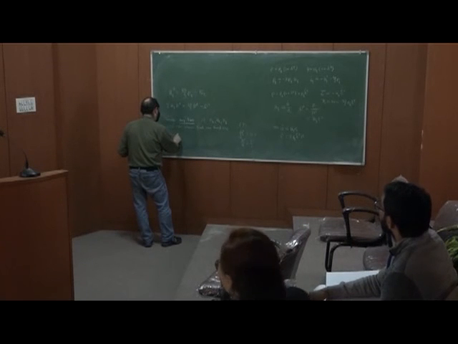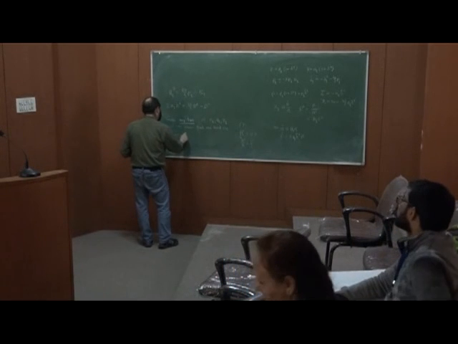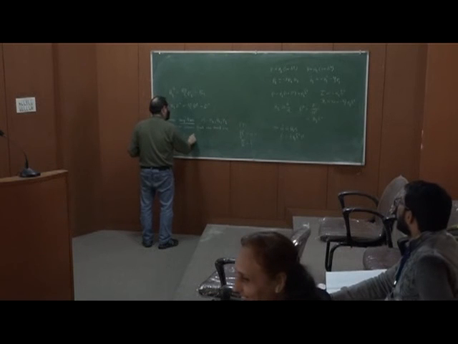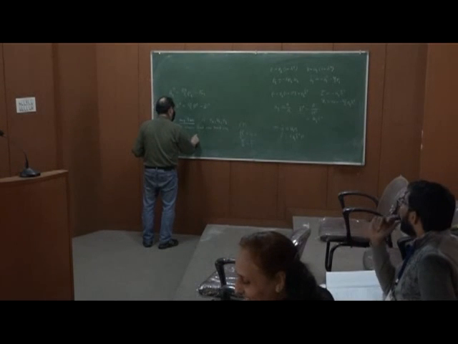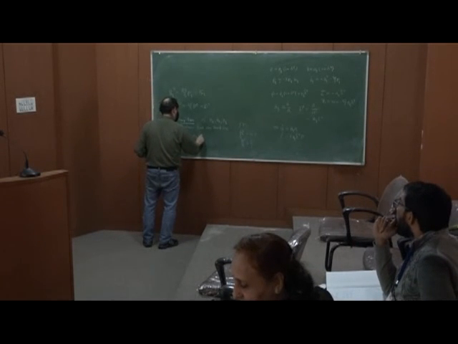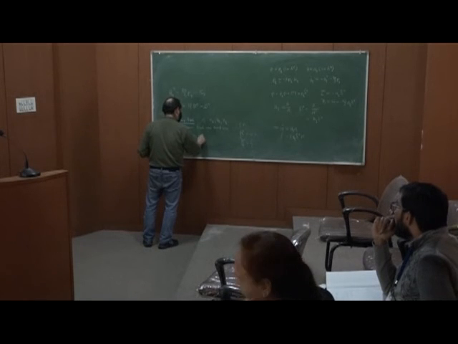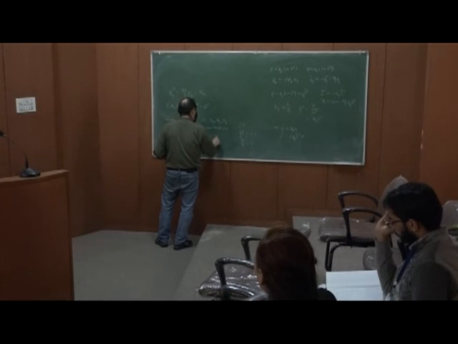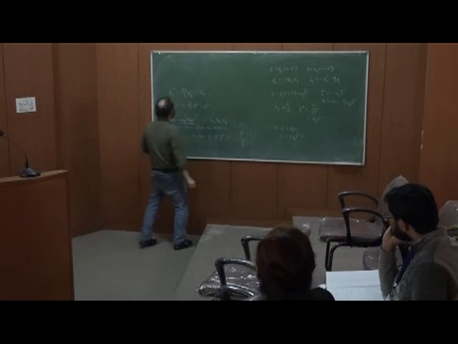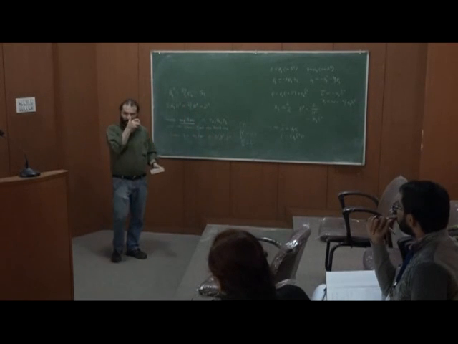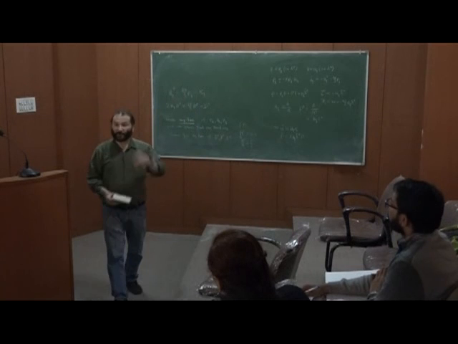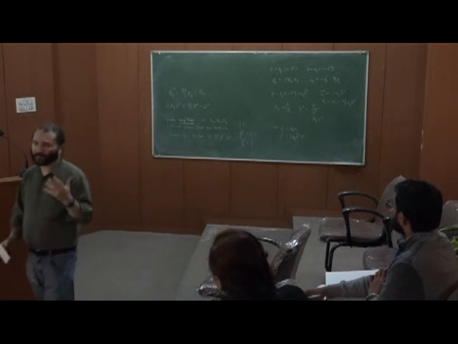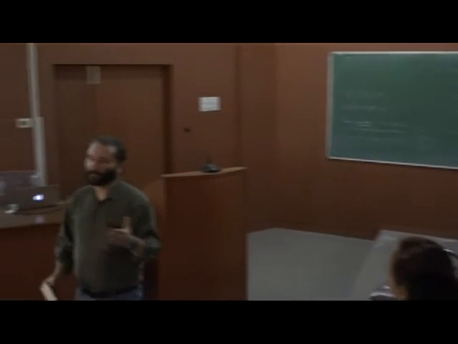Same for any two of d rho, dH, dK. These two equations are telling us, these are constraints, algebraic constraints.